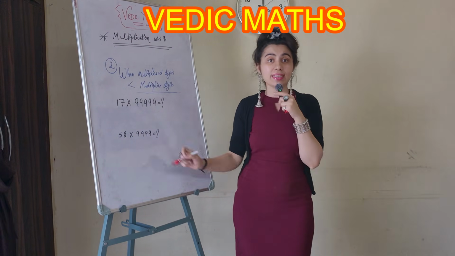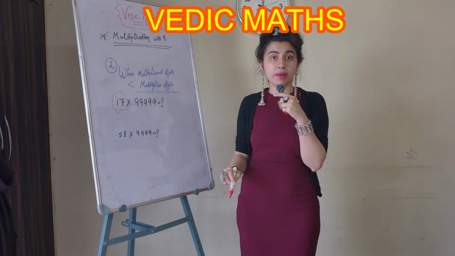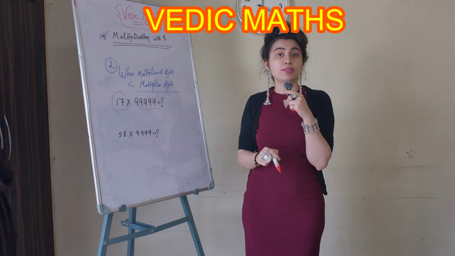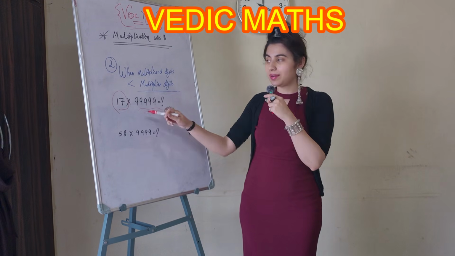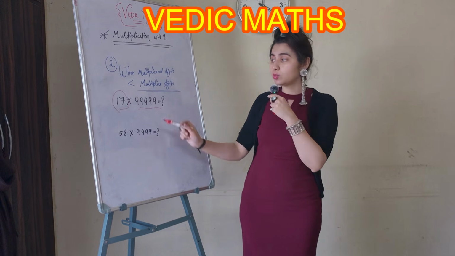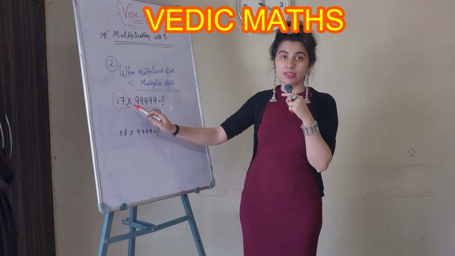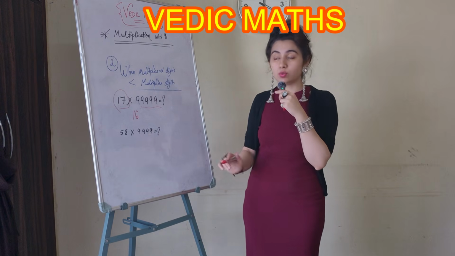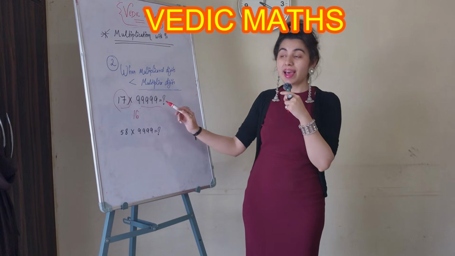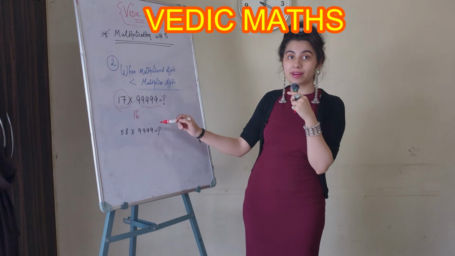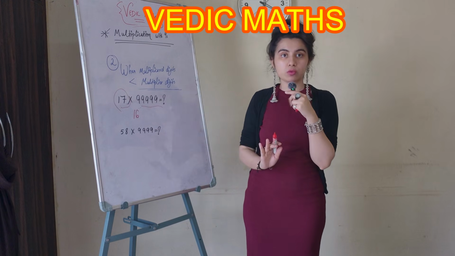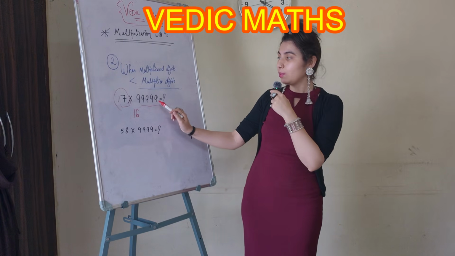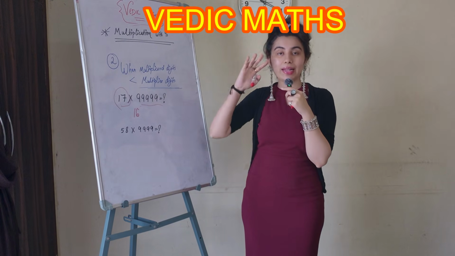Now this is 17, and you have to multiply by 5 times 9. So how are we going to do it? Write LHS and RHS, and just subtract 1 from 17, and that is 16, right? Now the multiplier is here and your LHS is here, so just subtract. Before subtracting, add 3 zeros. Mentally you can do it.